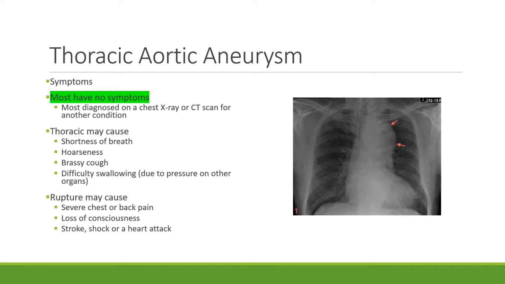We can also see coughing, shortness of breath and hoarseness, change in voice quality, and also difficulty swallowing from pressure on the laryngeal nerve. If the aneurysm presses on the superior vena cava, we can have decreased venous return, and that will result in JVD and edema of the face and arms.